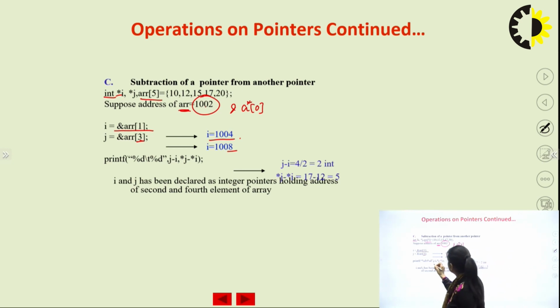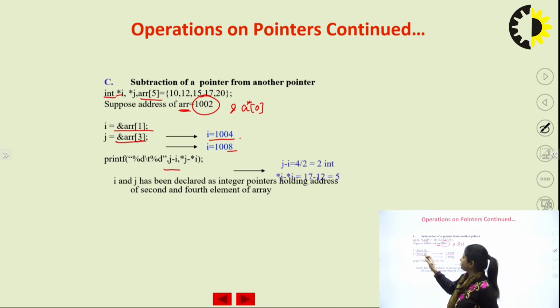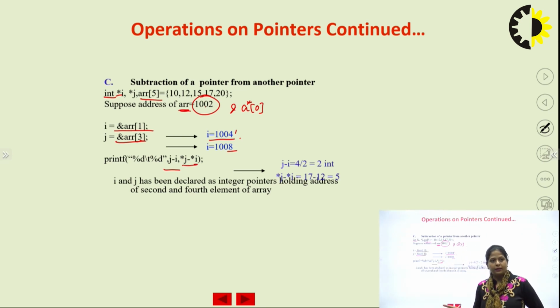Now, if we try to write j minus I, what is j? The address of the third element of the array minus the address of the first element of the array. So, it was 1008 minus 1004. Next, value at this address minus value at I, right.